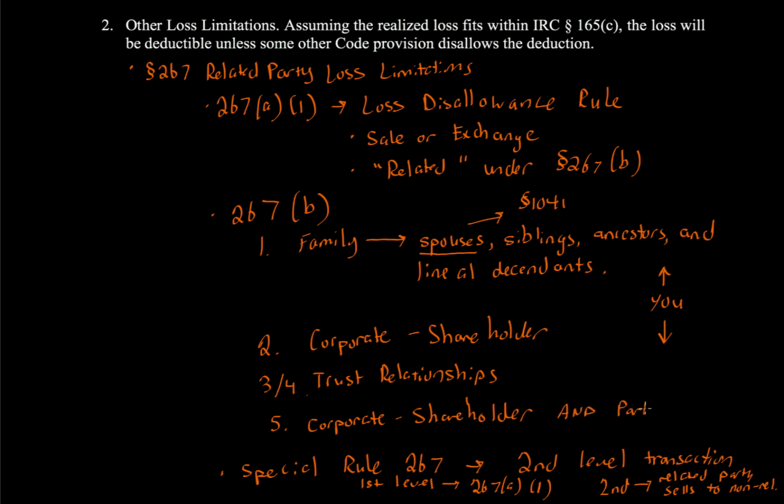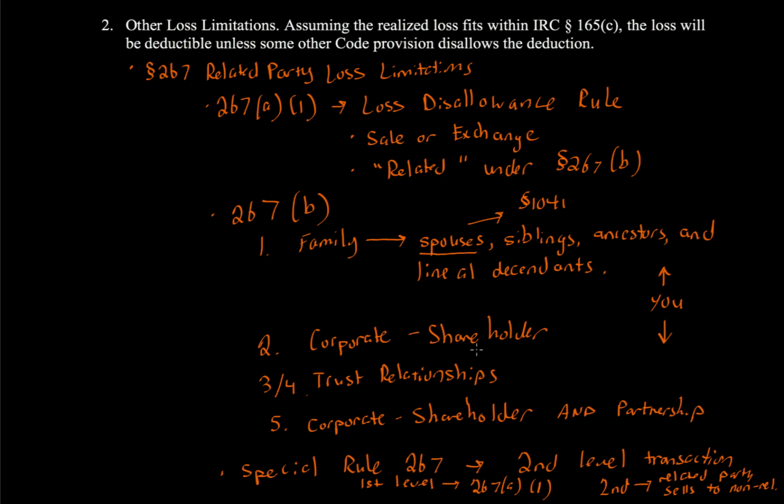I apologize, that should be corporate shareholder and partnership relationships. So that's why we have related party rules throughout the Internal Revenue Code. There are all sorts of related party rules out there because of these economic units, especially the spouse.